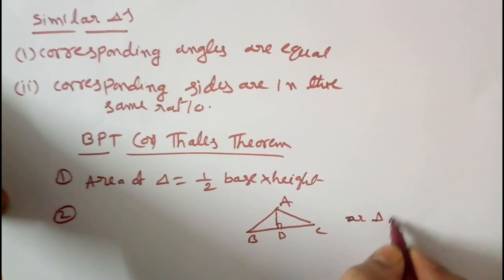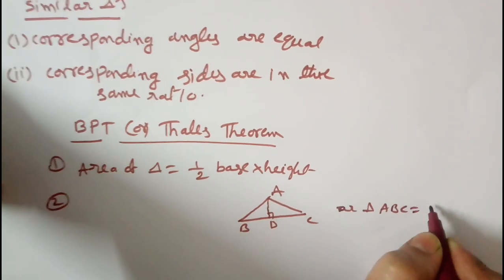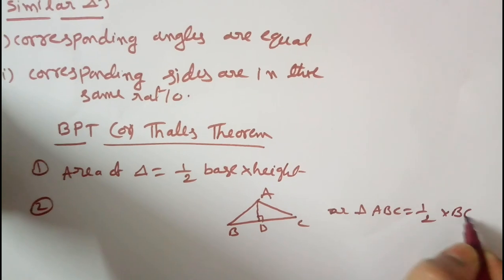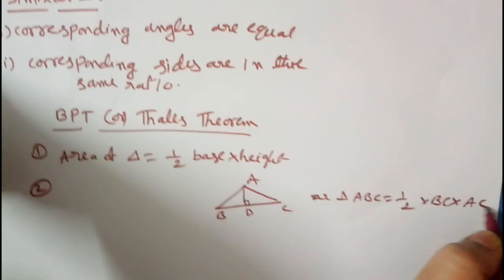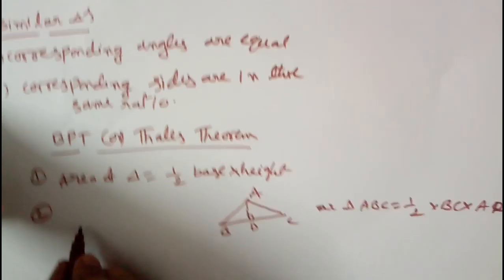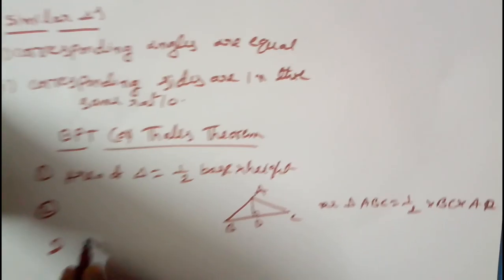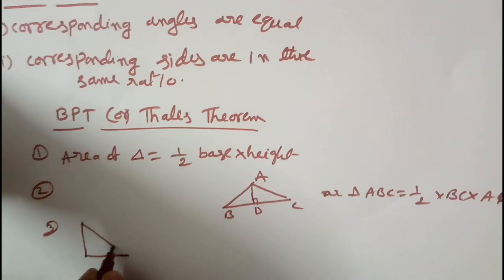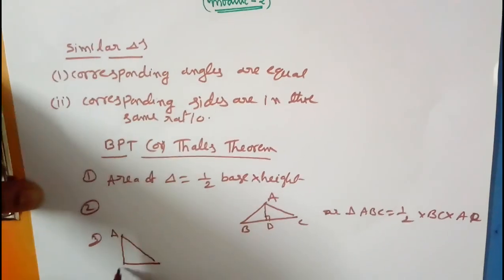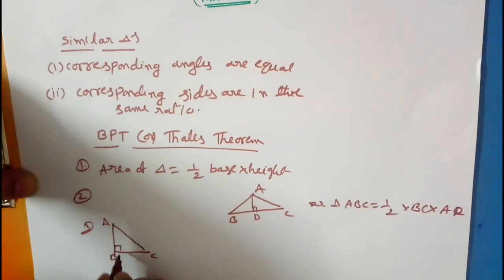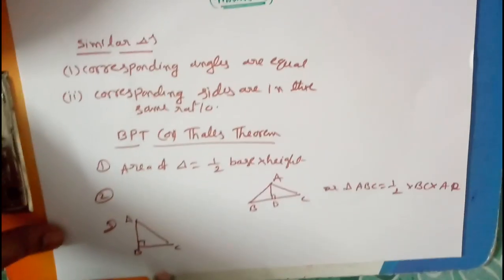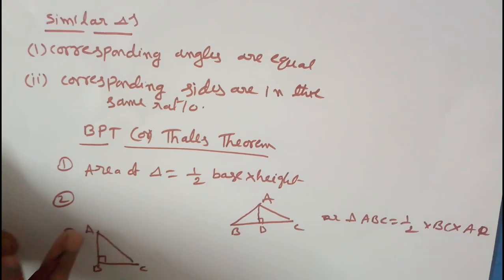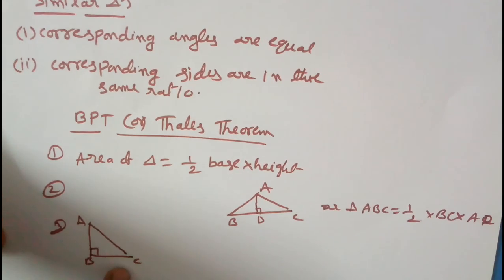Area of triangle ABC is equal to half into base BC, height is AD. If you consider a right triangle ABC, if you take BC as the base, AB is the altitude. If you take AB as the base, BC is the altitude.